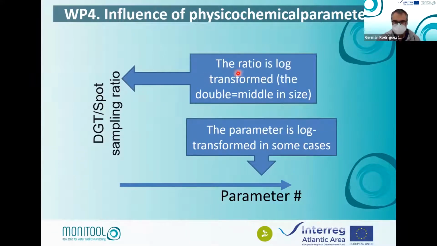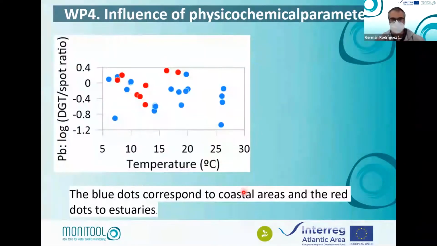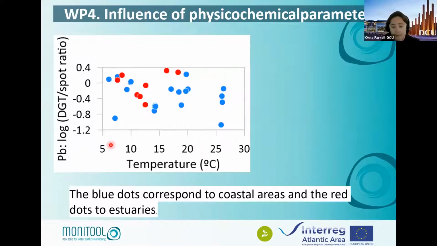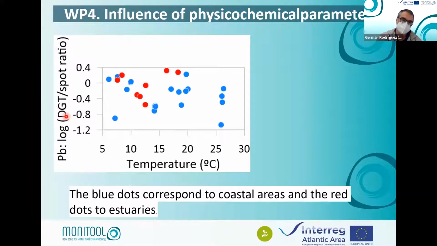In the graph, I will show you the log-transformed ratio. Okay, it's not the natural ratio. And in some cases, the parameter is log transformed. Okay, on this axis I have the mean value of seawater temperature, measured in situ, and here we have the logarithm of the DGT to spot ratio.